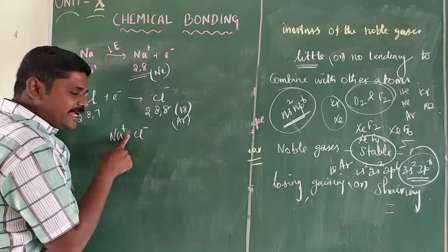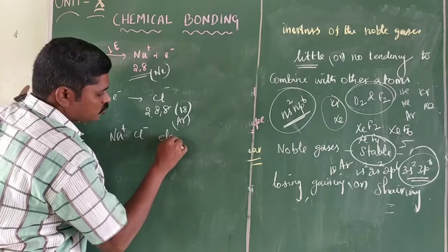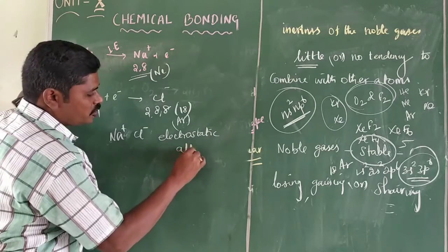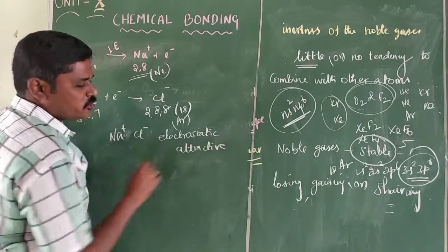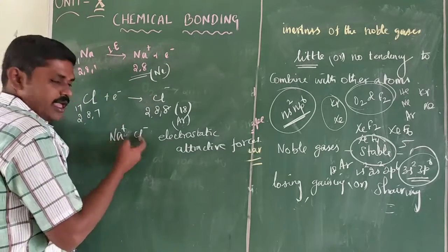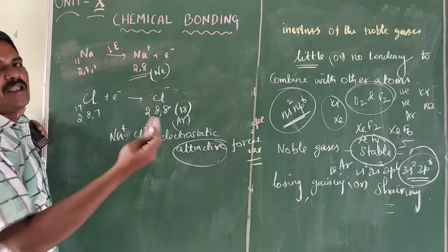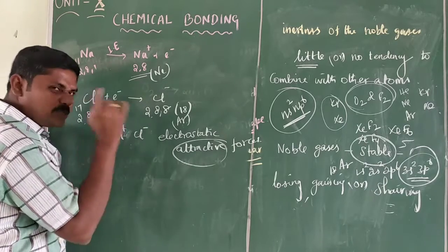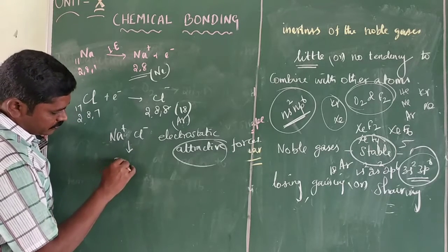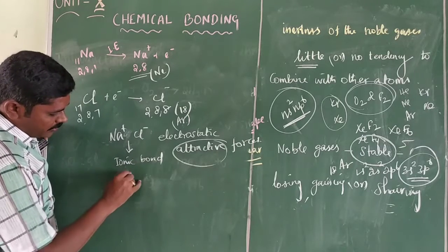The electrostatic attractive force occurs between the two ions. This attractive force is called a chemical bond, and specifically this bond is an ionic bond or electrovalent bond.